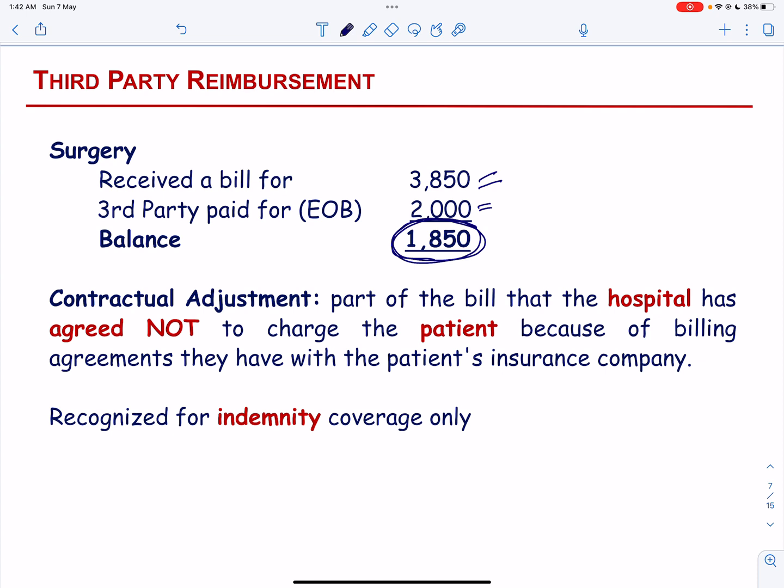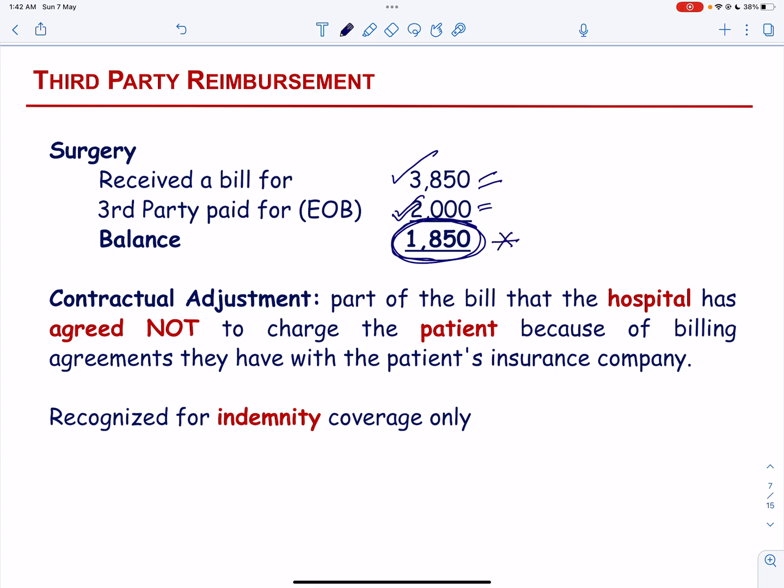Now what is interesting is that the hospital bills 3,850, and when the patient submits the bill to the insurance company, they pay 2,000. This means that the patient has to pay the balance amount.